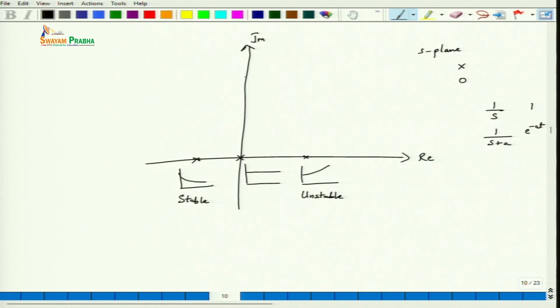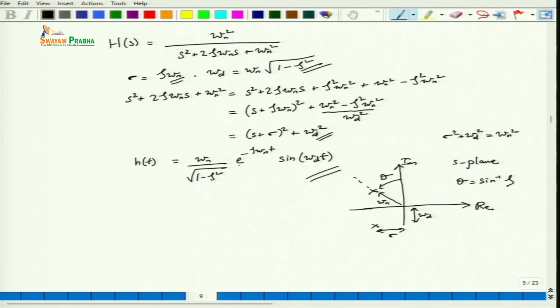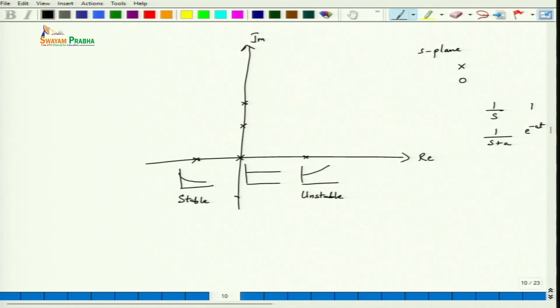Now if we look along the imaginary axis, as you would have seen here, it depends on the exponential function and you will have a sine. In this case there will be complex conjugate poles, one corresponding here.